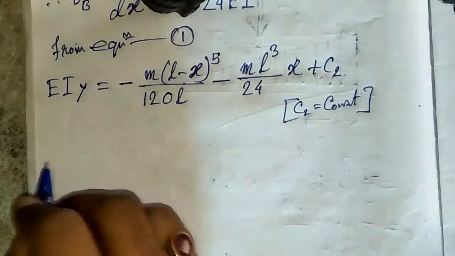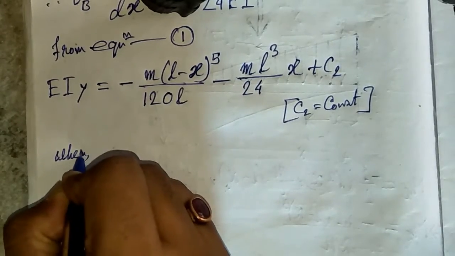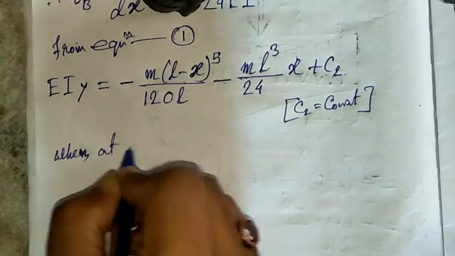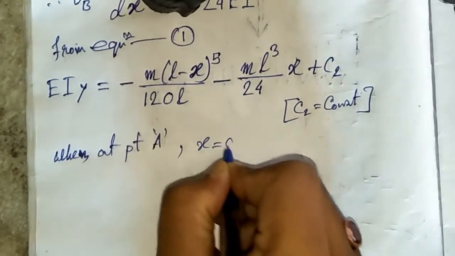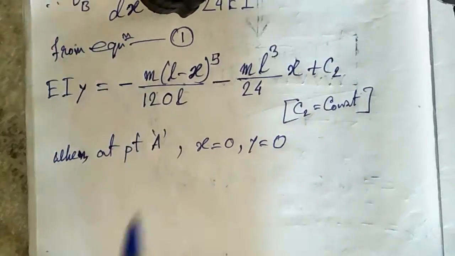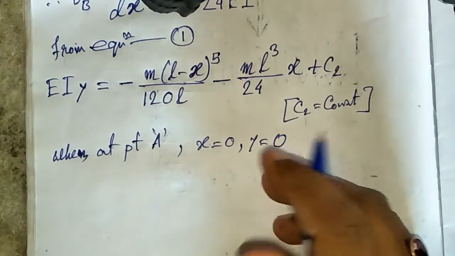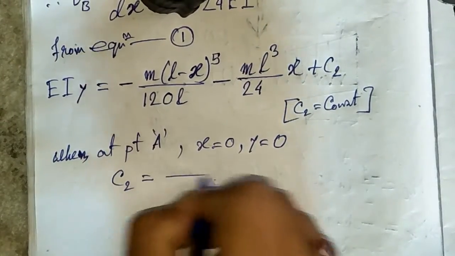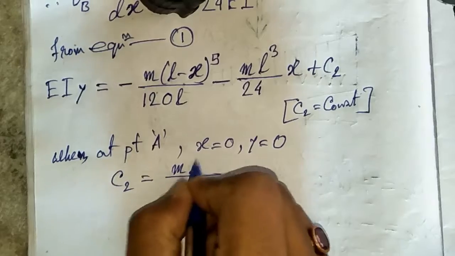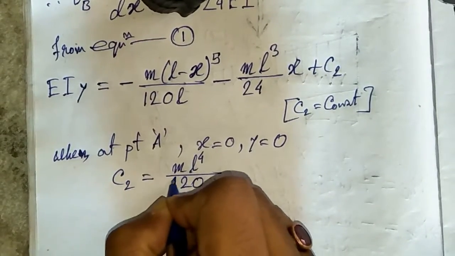So at point A, the value of x is 0 as well as the value of y is also 0. So we get the value of C2 is ML to the power 4 by 120.